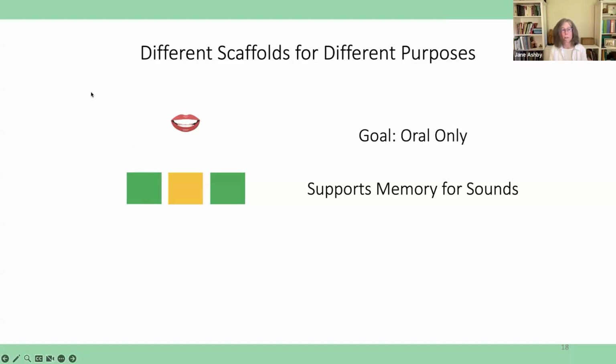And then the goal, of course, is the oral only practice. So you would use this or this plus the Elkonin squares for introducing a new PA skill. And then when they show mastery, you would shift to just oral practice.